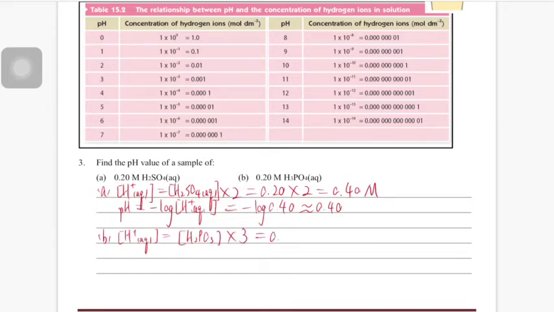So it was 0.2 multiplied by 3, 0.60 molar. And the pH value again equals minus log of the hydrogen ion concentration. So it would be minus log of 0.6, which roughly equals 0.22.